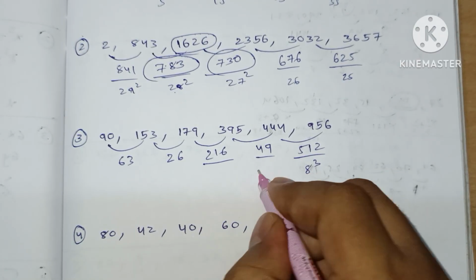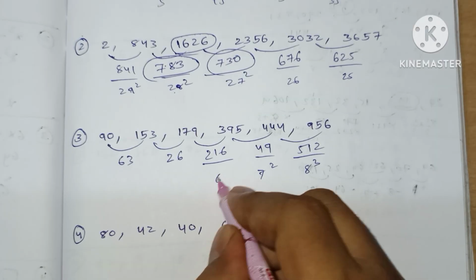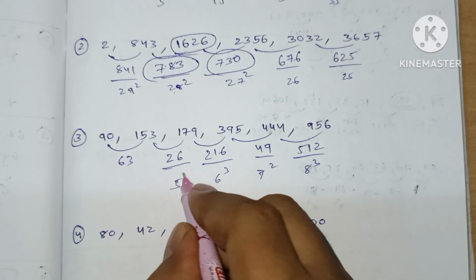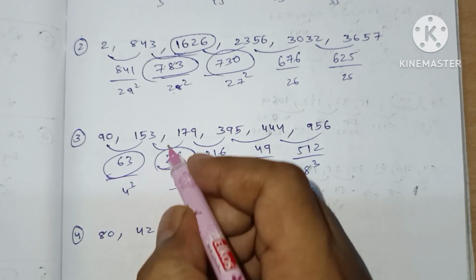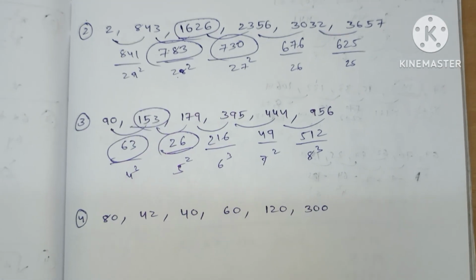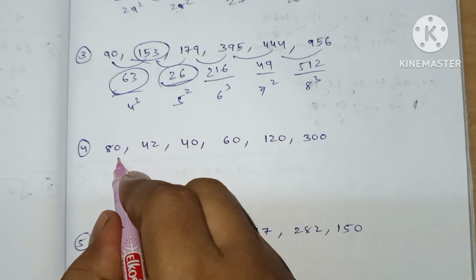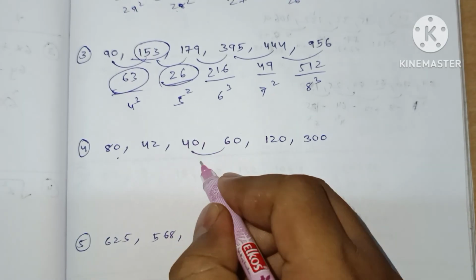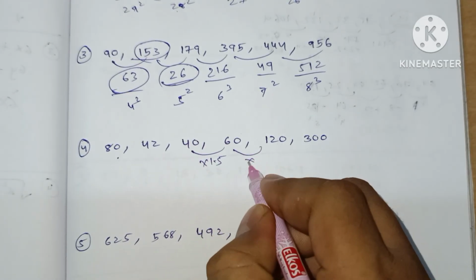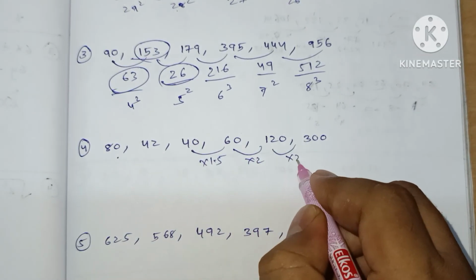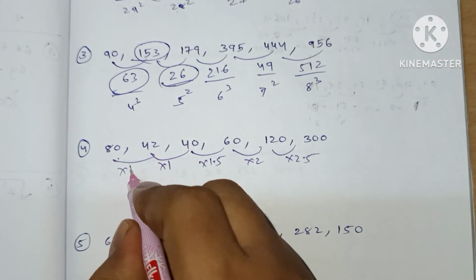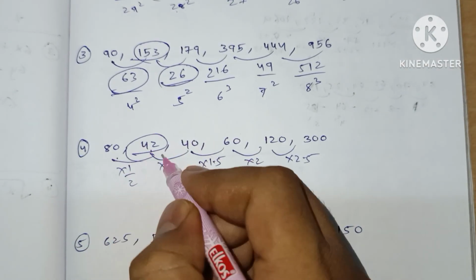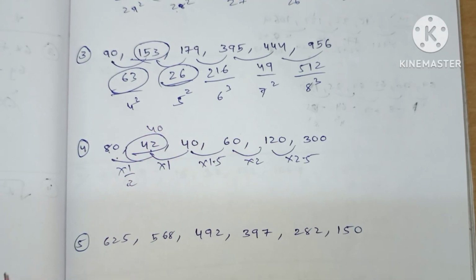It is 8 cube. This is 7 square. This is 6 cube. So it must be 5 square and this must be 4 cube. These numbers are wrong. So our wrong number is 153. Next one. This is into 1.5. This is into 2. This is into 2.5. So it must be into 1 and it must be half. So our wrong number is this one. 80 half will be 40.